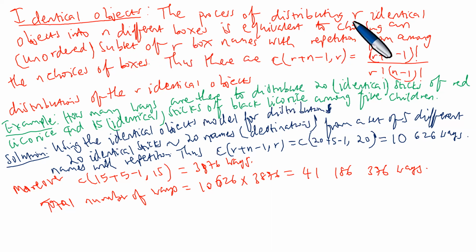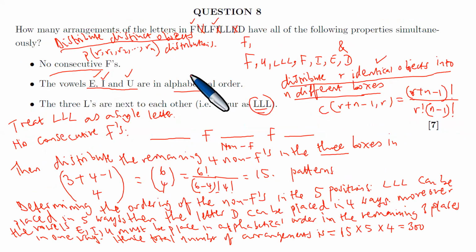Here you dealt with the 20 red licorice, and the boxes can be perceived as the children, the recipients. So you are putting these licorice into boxes, and these boxes are the names of the children or the children themselves.